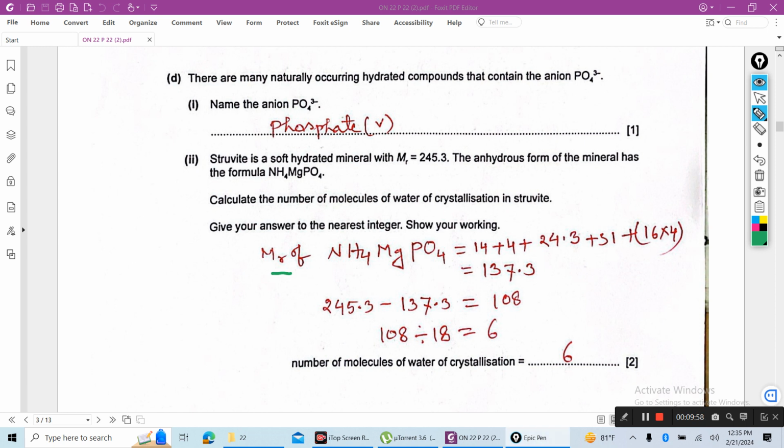Now we see the molecular mass of the anhydrous mineral: nitrogen 14, hydrogen 4, magnesium 24.3, phosphorus 31, oxygen 16 times 2, total 137.3. This is the anhydrous mass.